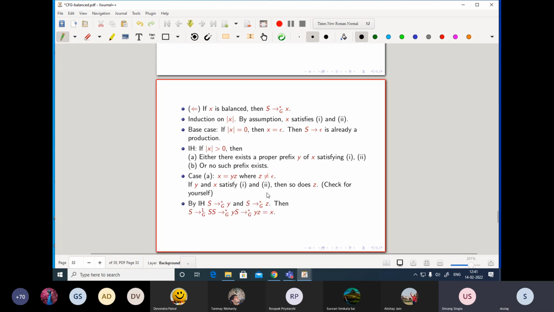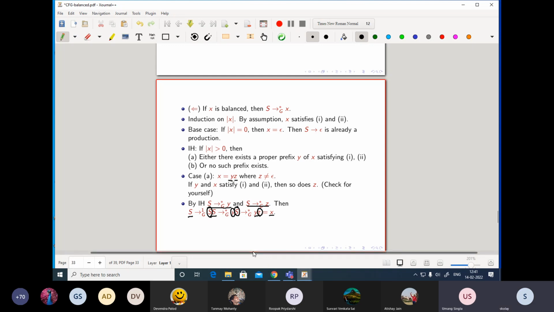Now look at y and z, both are of smaller length than x. So by induction hypothesis, I should be able to derive both y and z. Now how do I derive x? In one step, I go from S to SS. The first S I use to derive y and the second S I use to derive z. And then yz is equal to x.